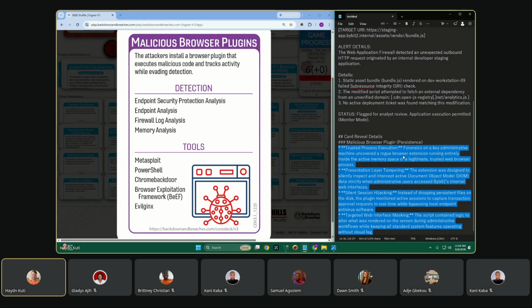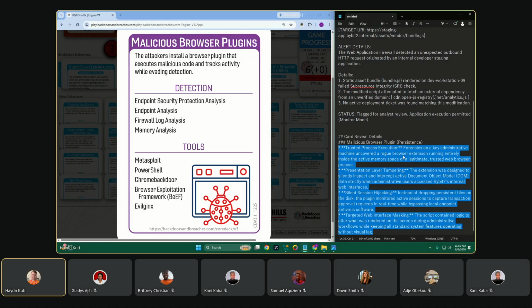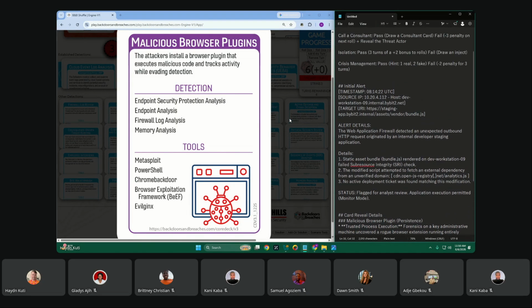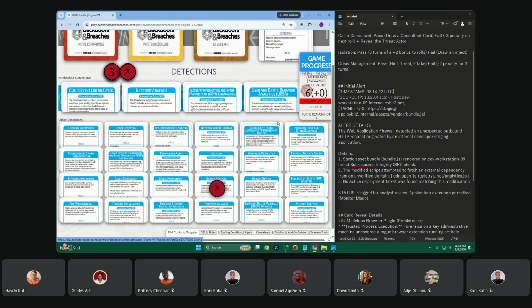Instead of dropping persistent files on the disk, the plugin monitored active sessions to capture transaction approval requests in real time while bypassing local endpoint antivirus software, and the script contained logic to alter what was rendered on the screen during administrative workflows while keeping all standard system features operating without visual lag. All right, we've got some information now.